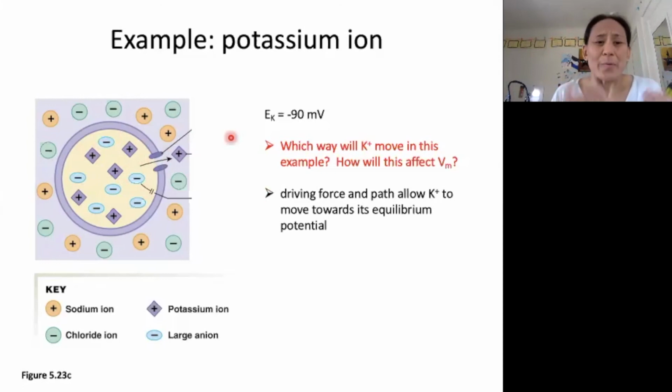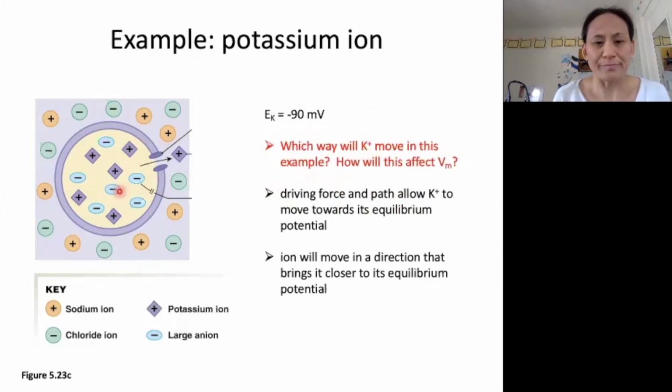Okay, so this situation illustrates a situation in which we do have a path through which our ion can move. So when we have that driving force, which is the equilibrium potential, and a path, which is the channel, potassium can then move towards its equilibrium potential, okay?